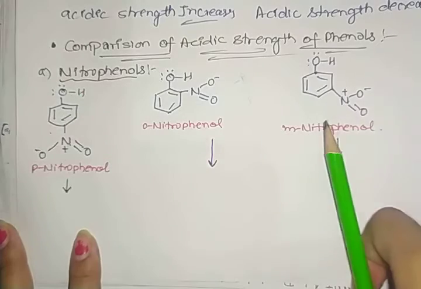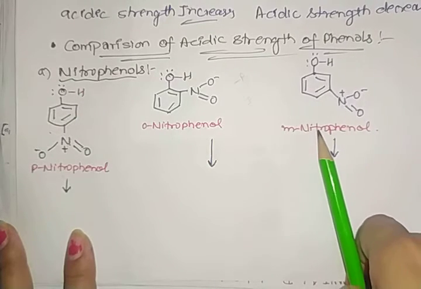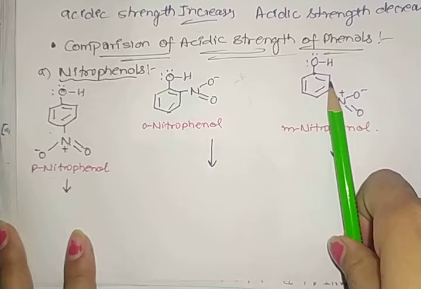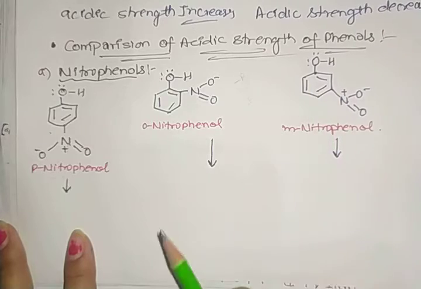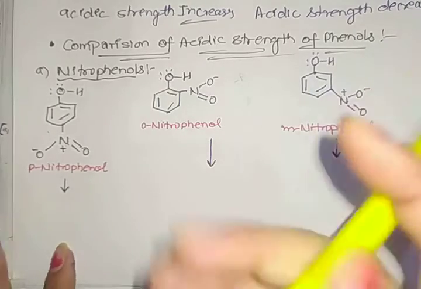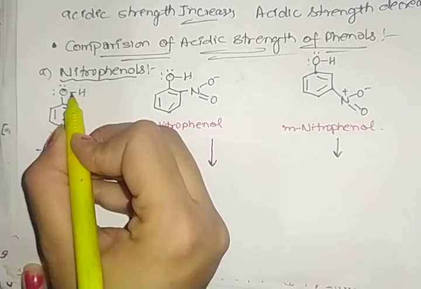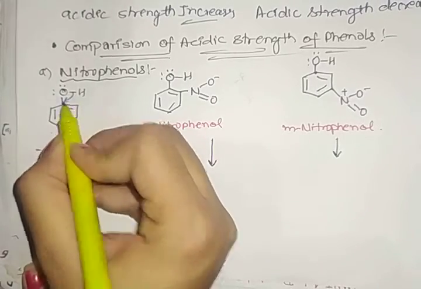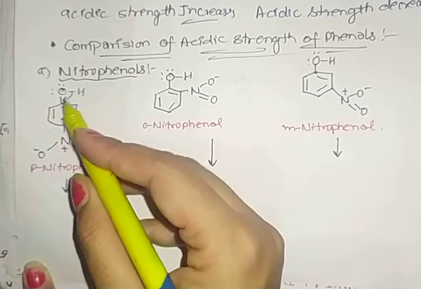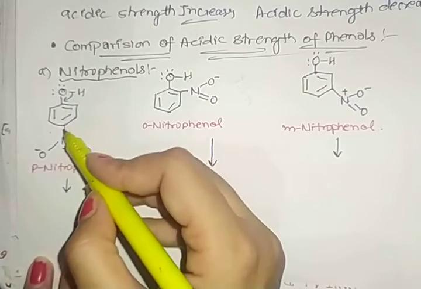When we are talking about the meta position, it withdraws electrons of the OH bond only by the weaker minus I effect. Clear? So if we want to draw the structure for the same, as I am saying, these electrons are taken by this nitro group.